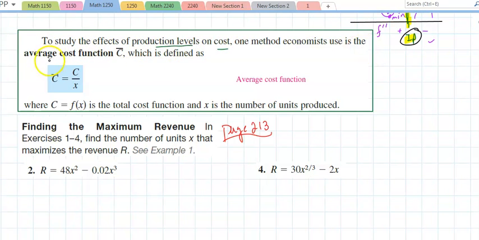One method economists use is the average cost function. Take the cost function and divide it by the number of units. And let me elaborate what that means.